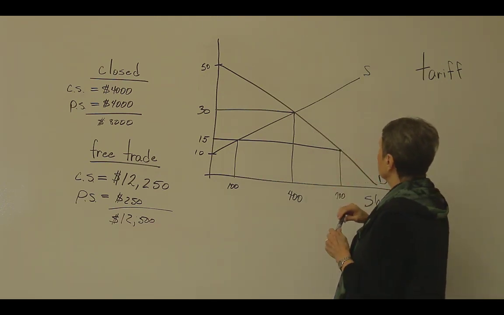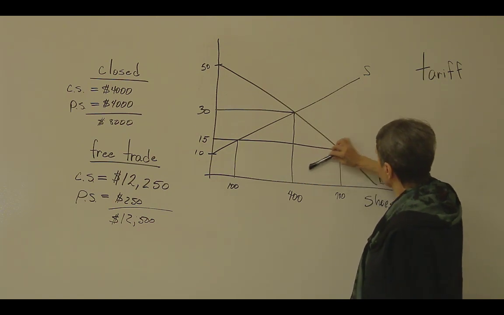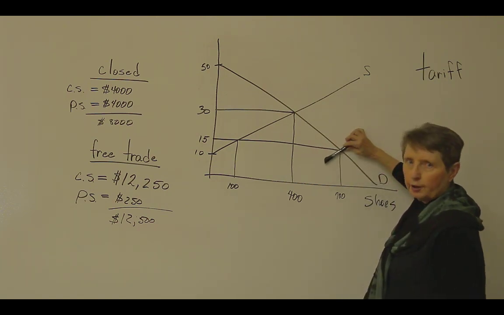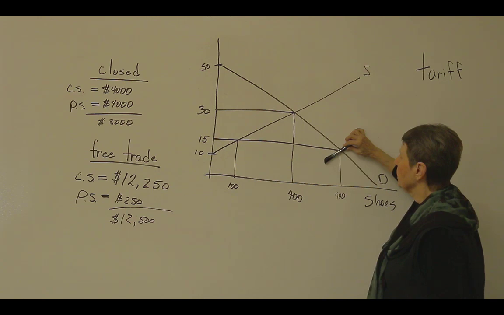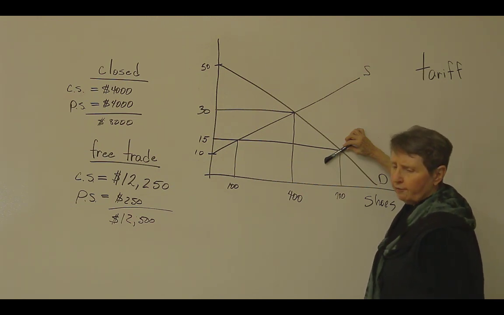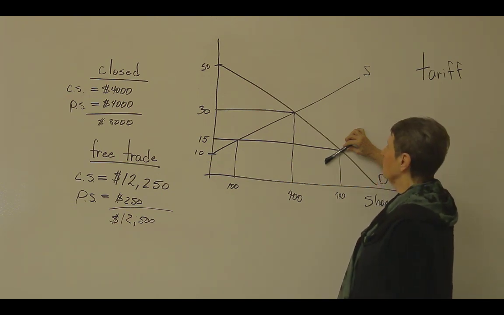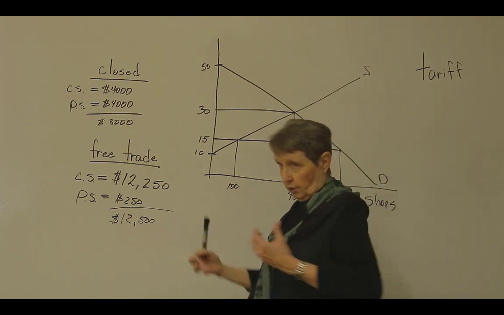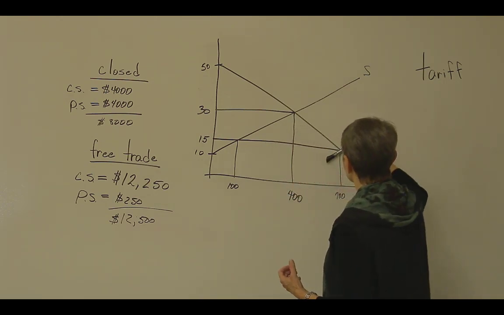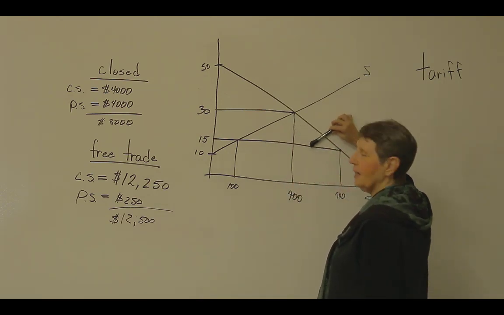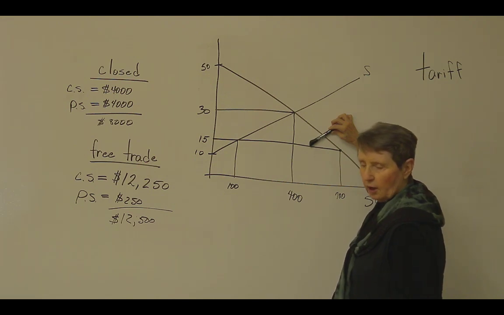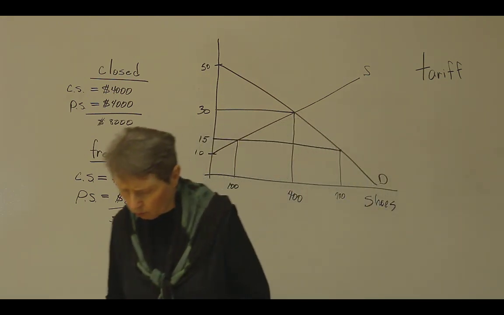And so remember, here's my supply curve now that I have these foreign imports coming into the country. What the government will often do is they'll say, okay, go ahead, bring the shoes in, but every time you bring shoes into the country, you foreigners that are bringing shoes into the country have to pay us a tariff. You have to give us, the government, a tax or a tariff.